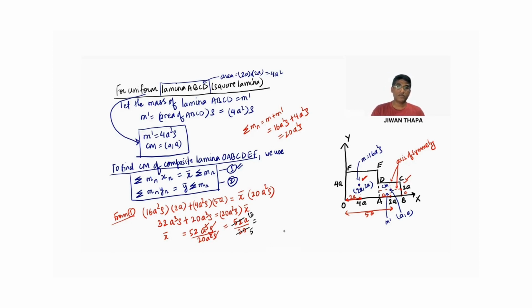So therefore, we have 13a by 5. Therefore, the x coordinate of center of mass is 13a by 5. So let us call it equation 3.